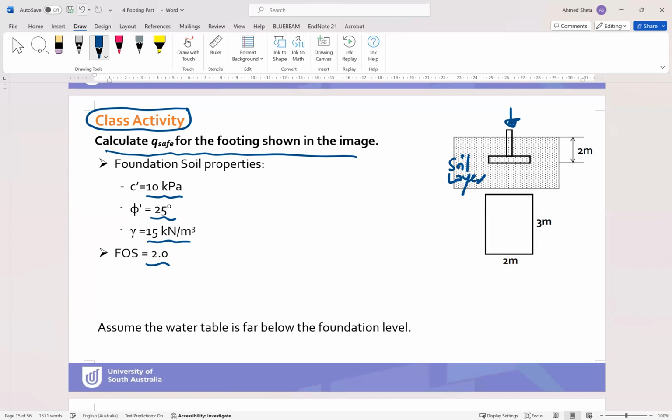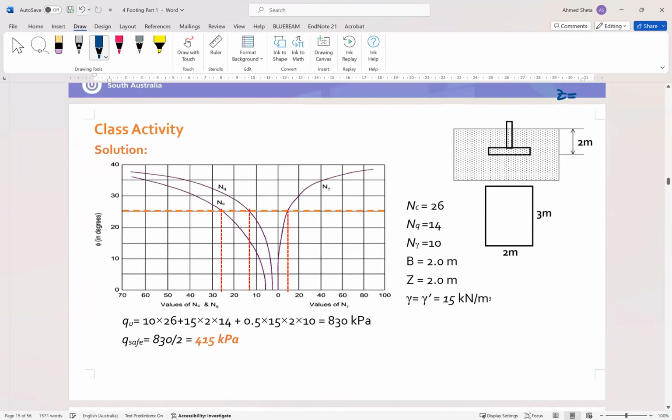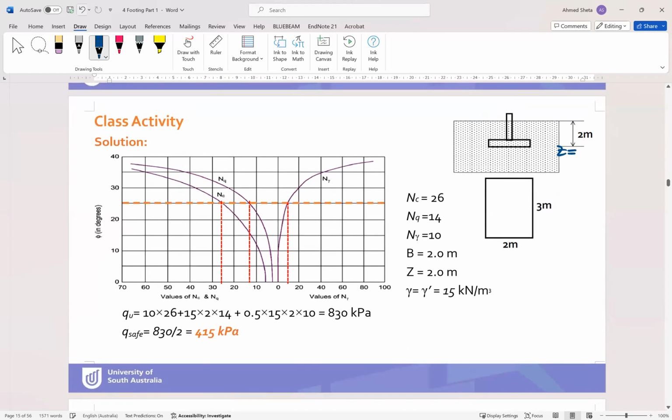And again, we don't have a water table here. In this example, we have B again 2. We don't need the dimension in the other direction, and Z equals 2 meters. So you should have done this yourself, but because it's the recording of the session, I will do it for you.